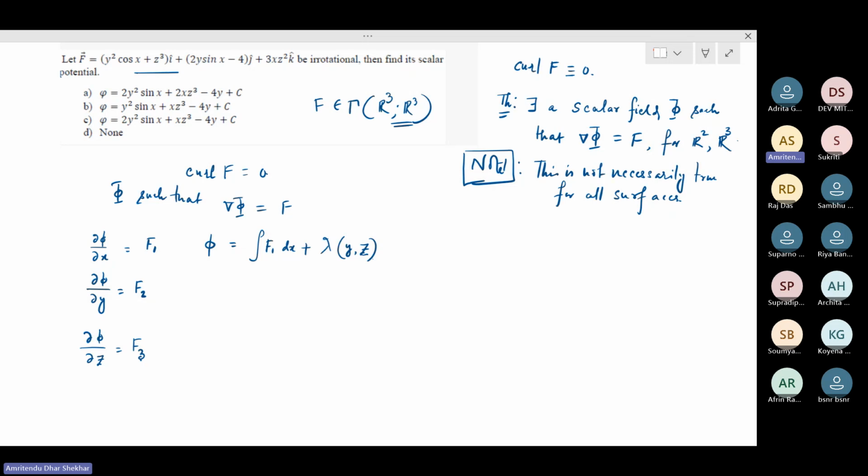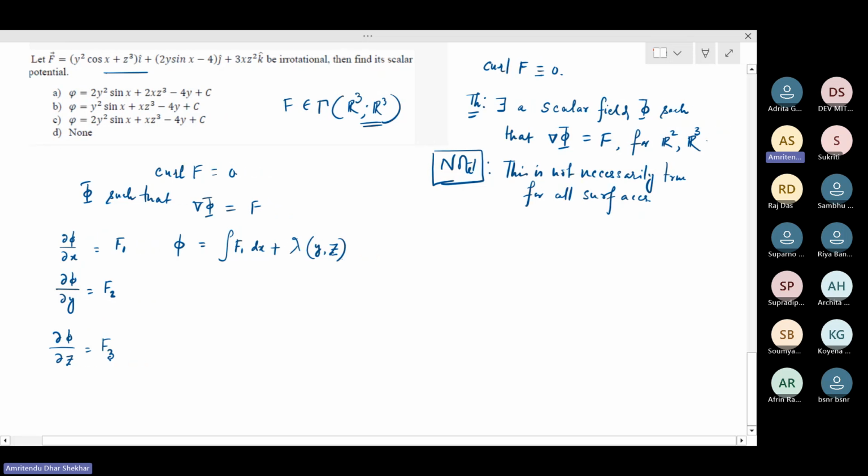So let us actually solve this. This is equal to the integral of y squared cos x plus z cube dx, plus this lambda of y comma z.